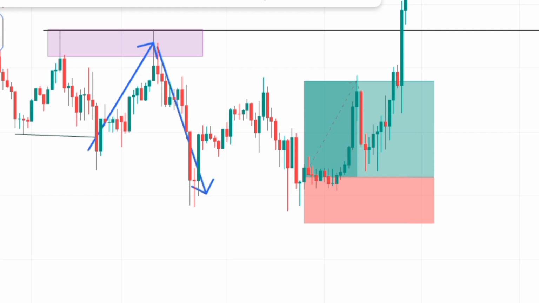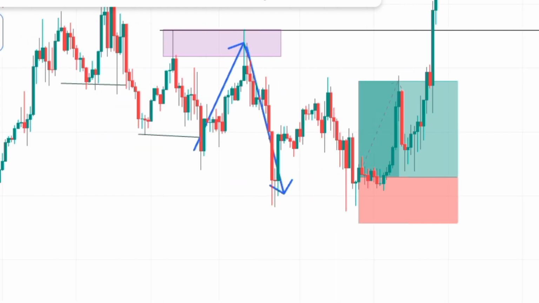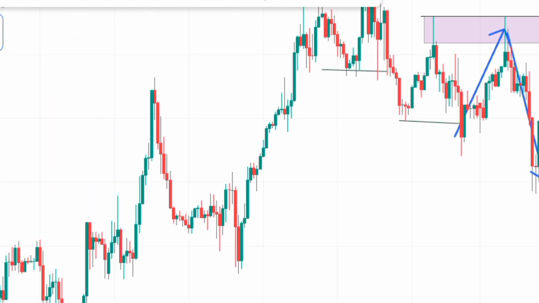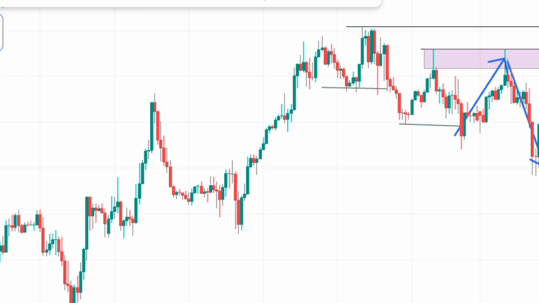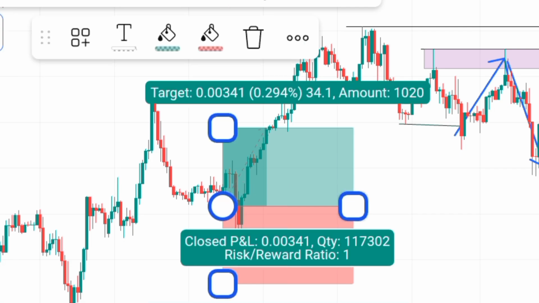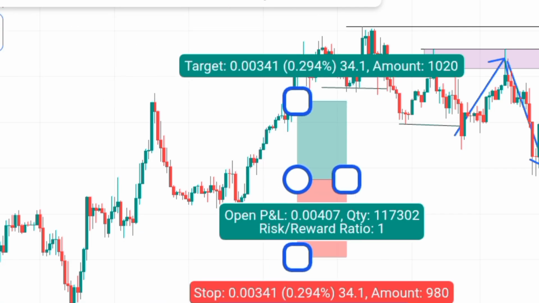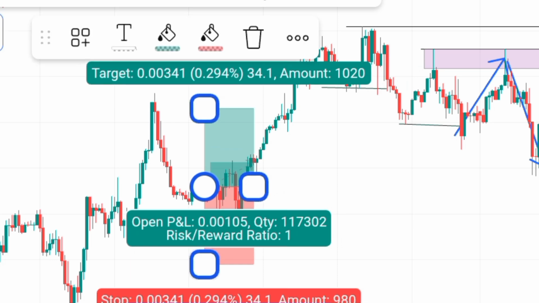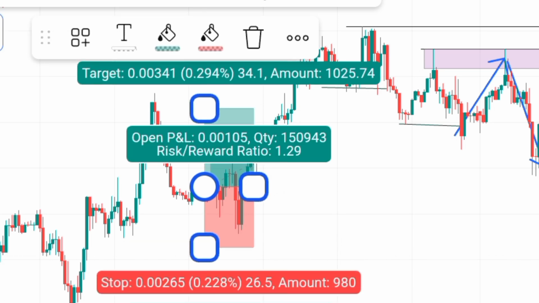Another mistake is trading without confirmation. Some people, they just enter from anywhere. You just come, you just enter the market from anywhere without even waiting for the confirmation. Wait for the market to reach your order block. Okay, if you are trading on the 4 hour, go to 15 minutes for confirmation, then you enter the market. Don't just enter blindly, because you will lose. And lastly, it is chasing trades.